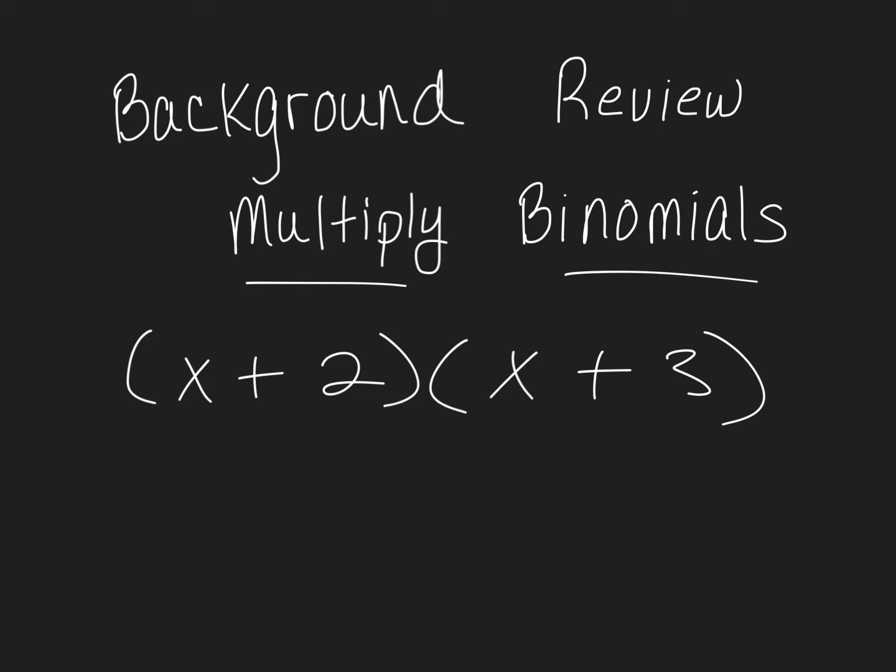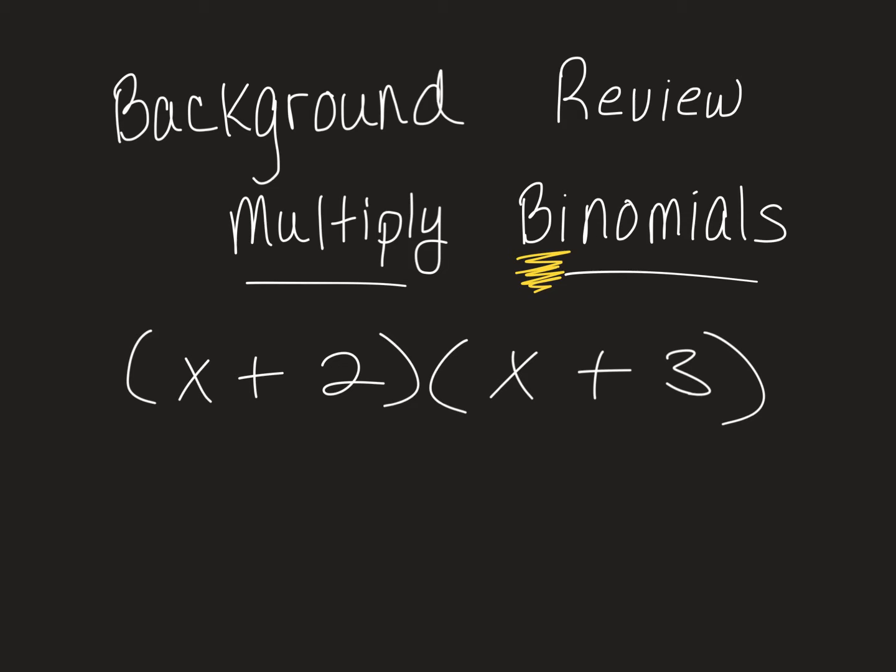So just a reminder of why you know this is a multiply binomials problem. As you'll probably, I hope anyway, recall from previous lessons, that prefix bi, how many wheels are there on a bicycle? There's two, right? Binomials mean that each of these have two terms inside. So we've got the x plus 2, that has two terms, which makes it a binomial.